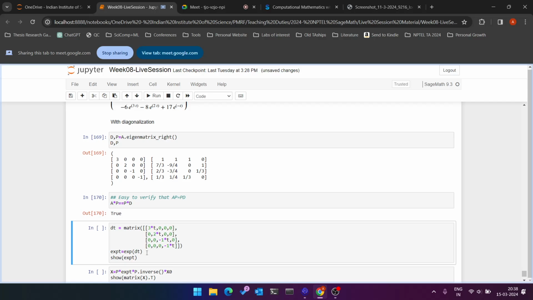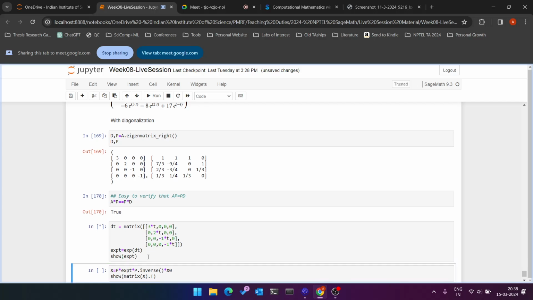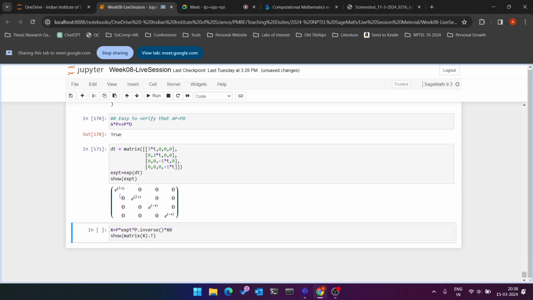Next, we define the matrix Dt to be the diagonal matrix multiplied with the term t, and we raise it to the exponent. So my matrix looks like exponential 3t, 2t, minus t, and minus t.